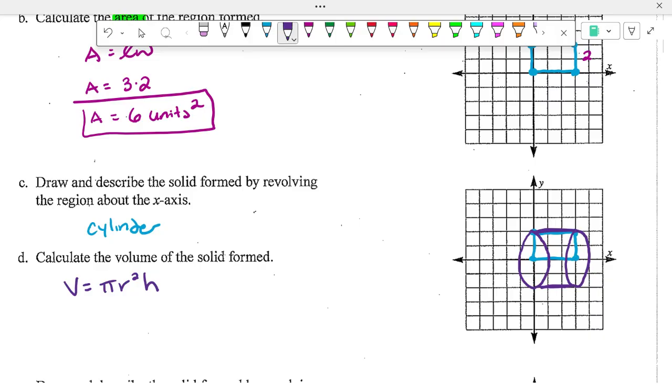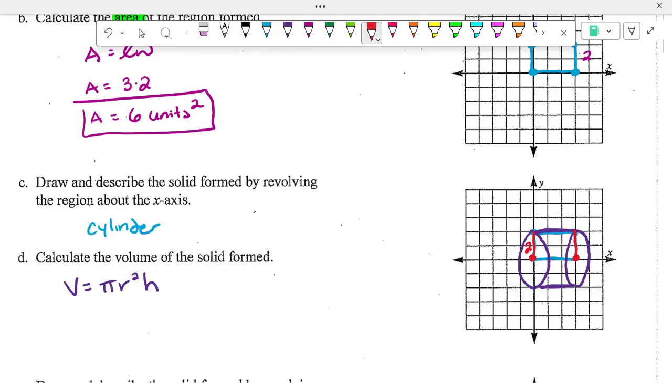All right. So we need the radius and the height. What do you think the radius is? It's 2. So if you look, our center of the circles are right here. And the width of the rectangle is actually our radius of the circle, because it goes from the center of it to the edge.